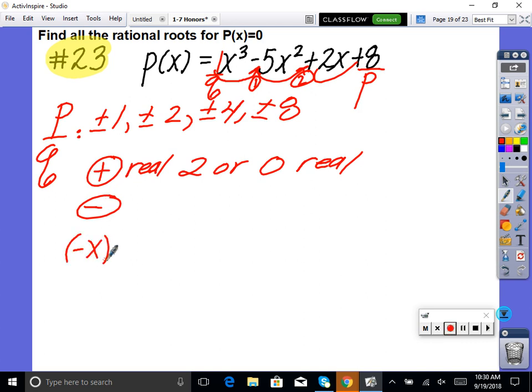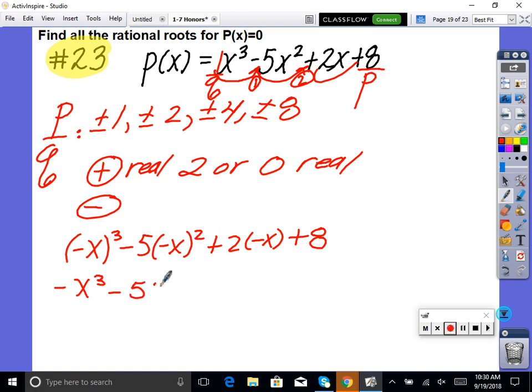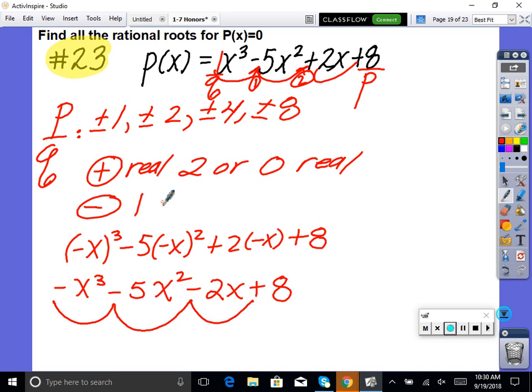So negative x cubed minus 5 times negative x squared plus 2 times negative x plus 8. So I get negative x cubed minus 5x squared minus 2x plus 8. So negative to negative, negative to negative, negative to positive. Oh, just one. There's one negative real root. So shouldn't we test negatives first?